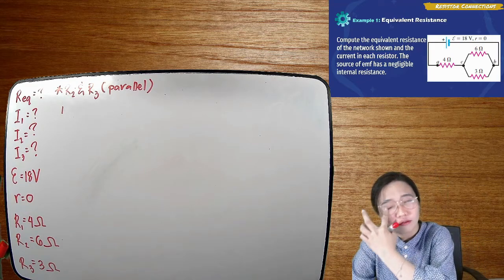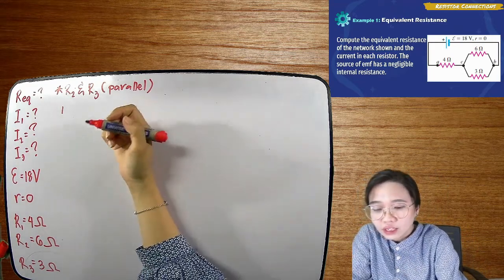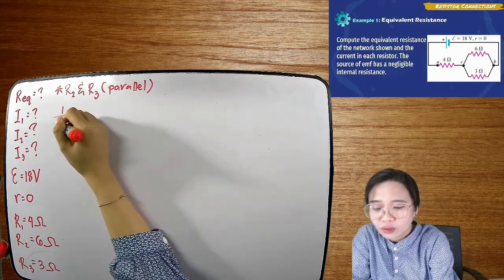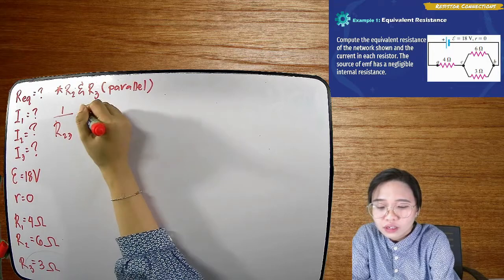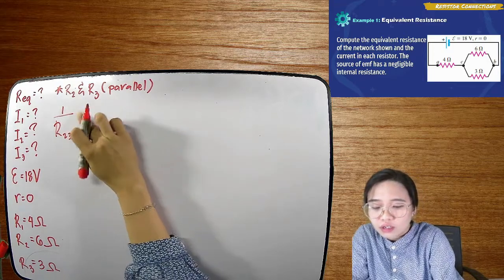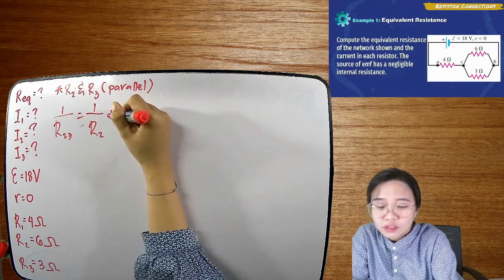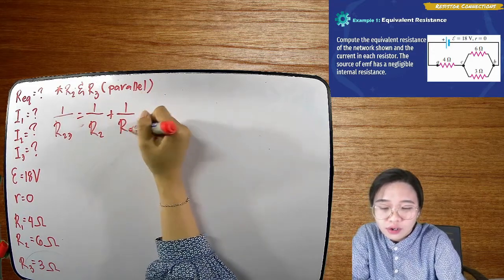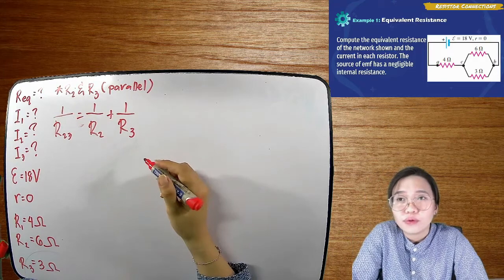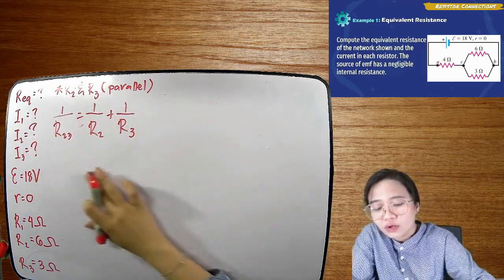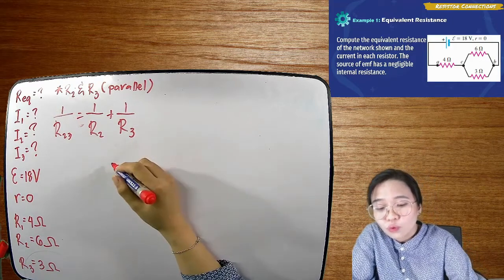Okay, so since this is for R2 and R3, and it is not yet the final answer, we have R23 equals 1 over R2 plus 1 over R3. Whatever the answer will be with this equation, you need to divide it to 1.